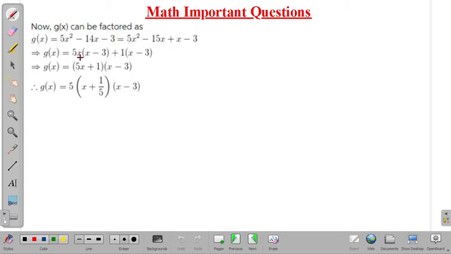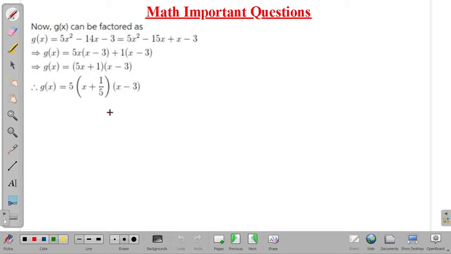And taking 5x as common factor, we will get 5x times (x minus 1) plus here you can see 1 is the only common factor. So taking 1 as the common factor, we will get 1 times (x minus 1). So g(x) can be written as (5x plus 1) into (x minus 1). Again here we can take 5, which is the coefficient of x, as common. So we will get g(x) equal to 5 times (x plus 1 by 5) into (x minus 1).